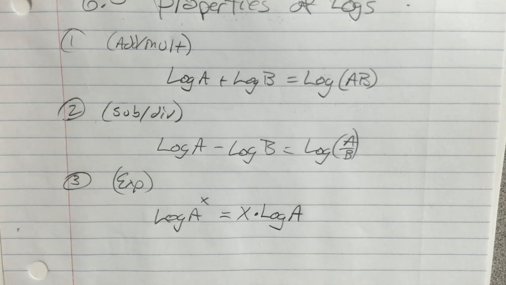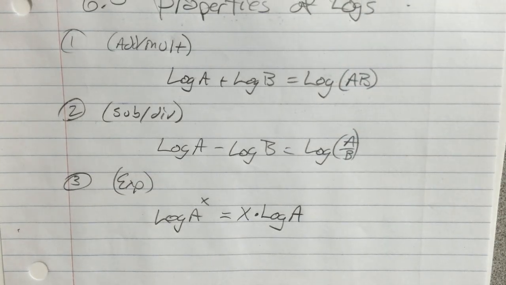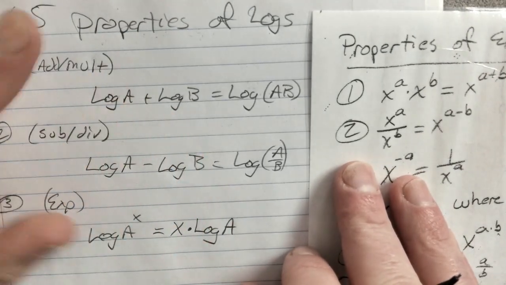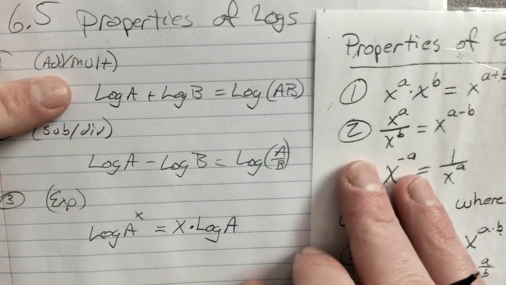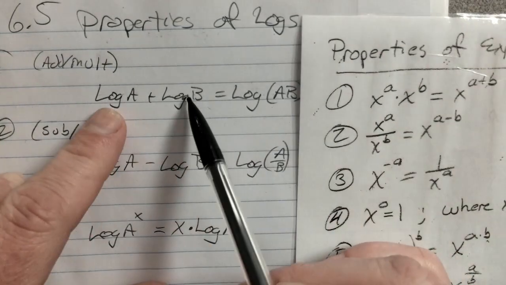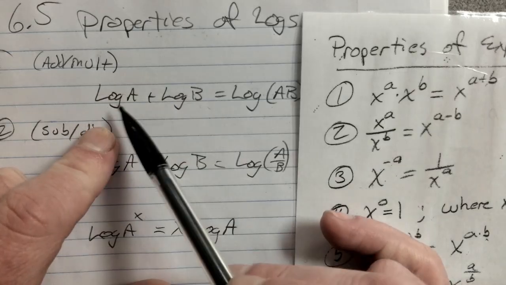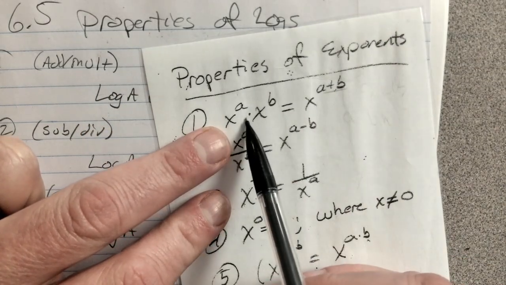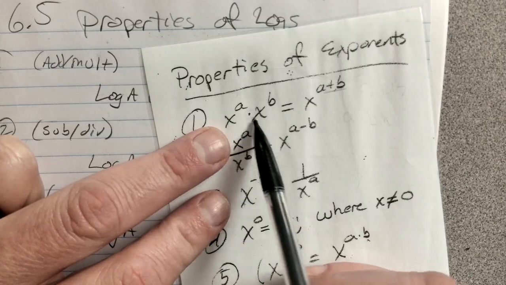All right. Logarithms are exponents. That'll never change. But when I look at property 1, the addition multiplication property, when my exponents are being added, what is the operation of the bases?